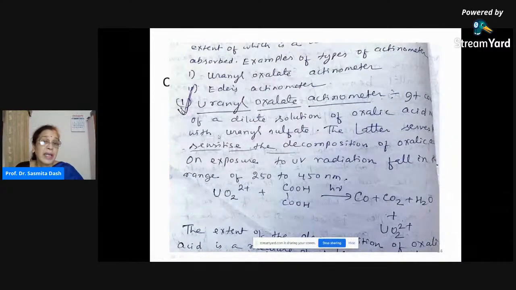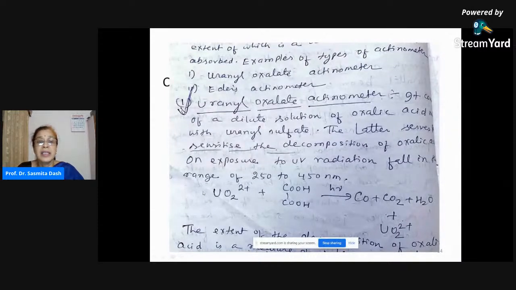It consists of a dilute solution of oxalic acid with uranyl sulfate, and uranyl sulfate serves to sensitize the decomposition of oxalic acid. On exposure to UV radiation in the range of 250 to 450 nanometers, the photochemical reaction takes place, and the oxalic acid is decomposed to carbon dioxide, carbon monoxide, and water.